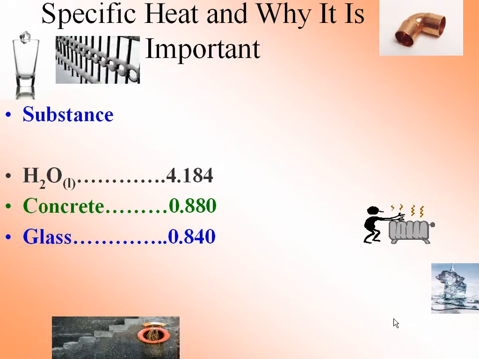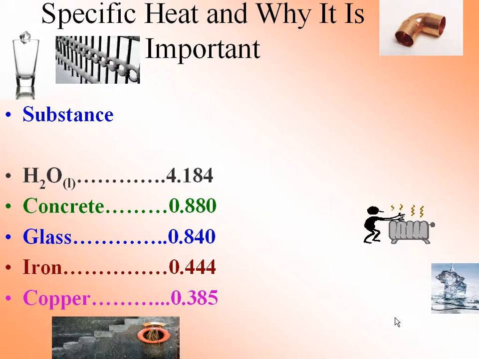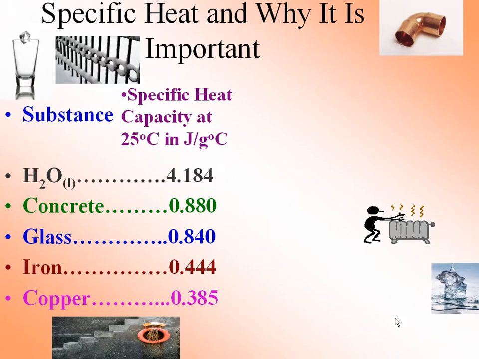Glass, 0.840. Iron, 0.444. And copper, 0.385. These are specific heat capacities at 25 degrees, and the units are joules per gram per degree Celsius.